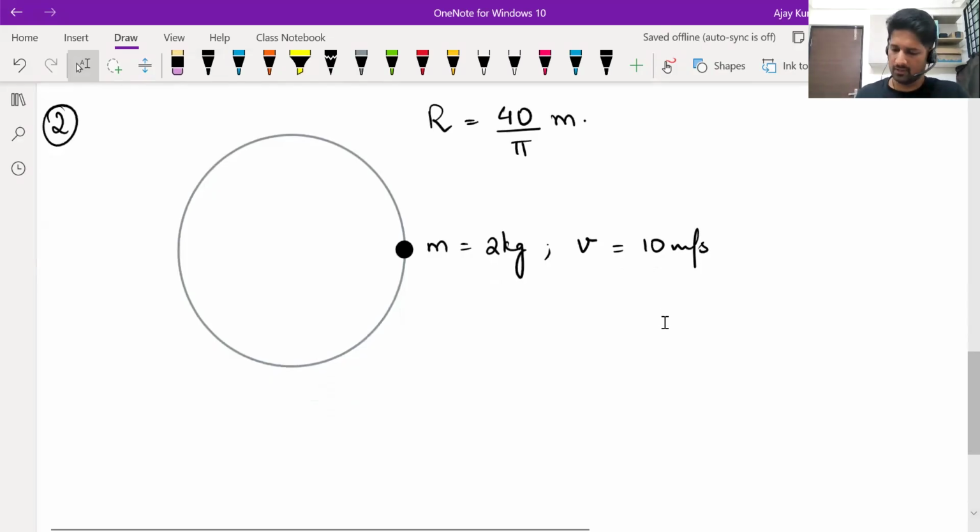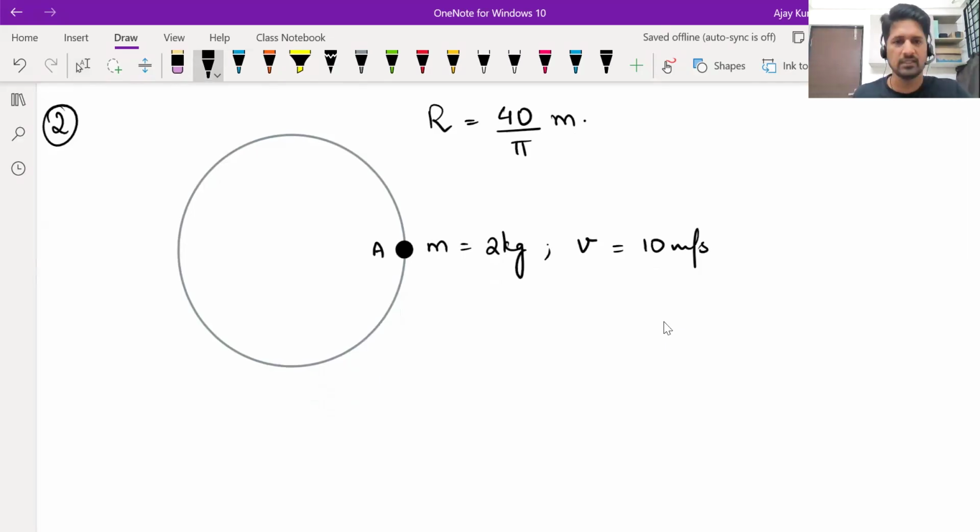So I want you to find out, this is the initial position. What is shown to you here, A, is the initial position of the object, and you can assume it is moving this way, anti-clockwise.